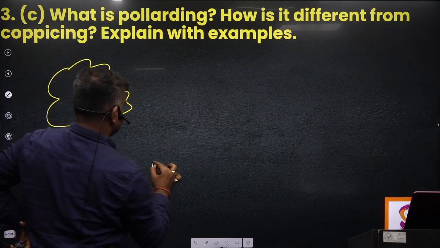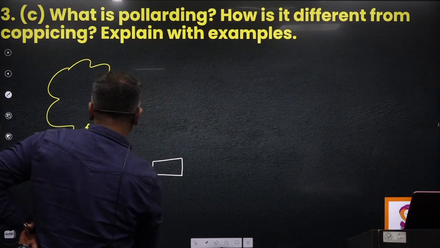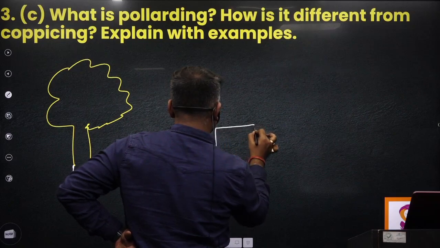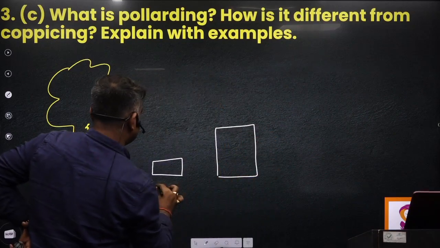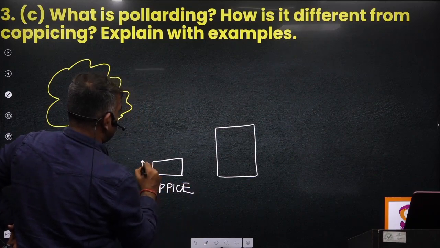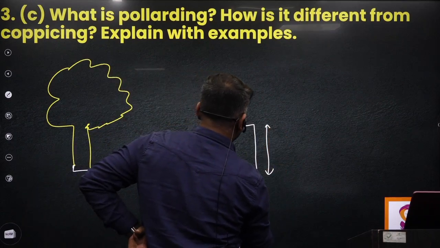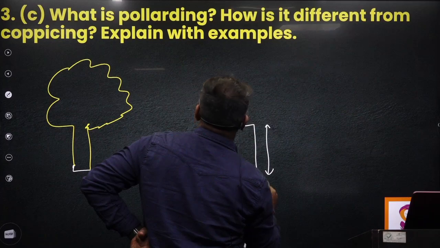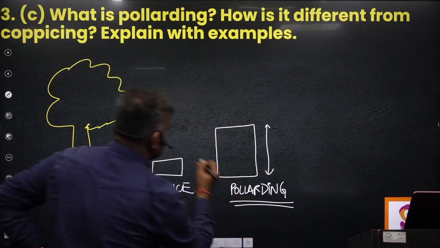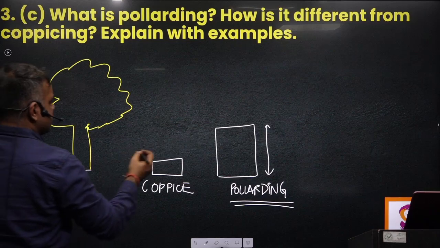So here, the main difference lies in the height. Okay, so let's say this is a coppice. Let's say this is the height I want to tell you. We will study this and also write. And this is the example of coppicing, the general point is again the height.